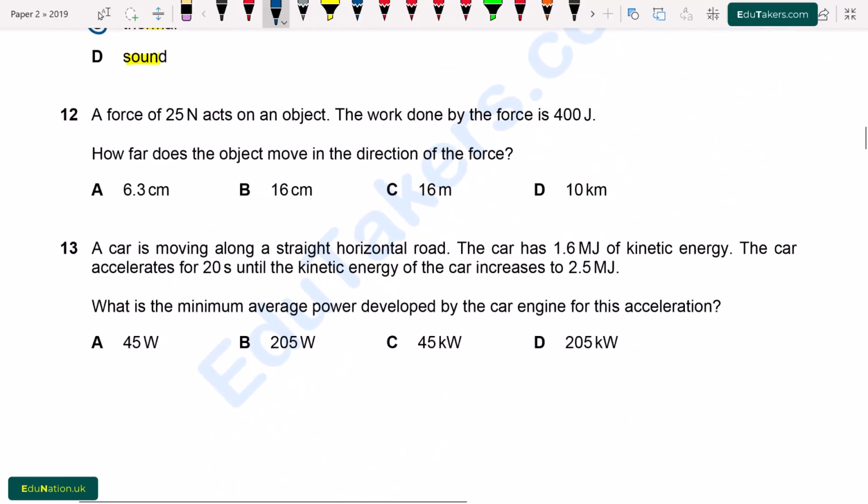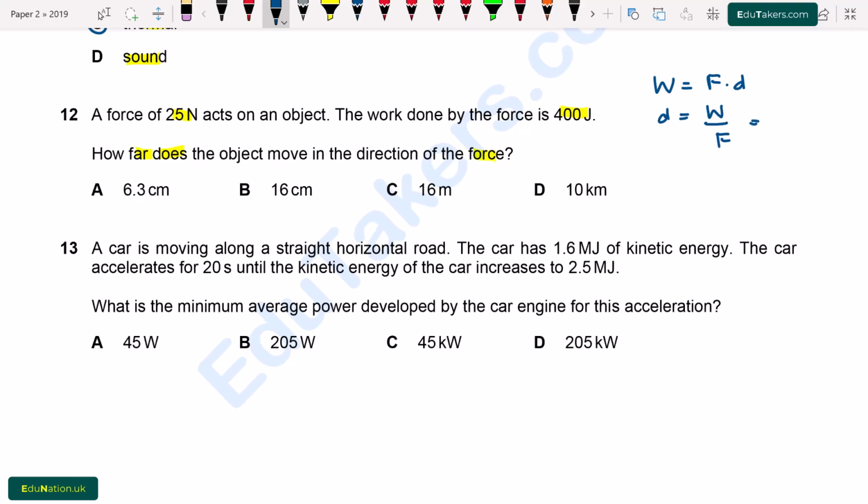Question number 12. A force of 25 Newton acts on the object. The work done by the force is 400 joule. How far does the object move in the direction of the force? So here basically we have to find out the distance. We know that work is the product of force and distance. So distance will be equal to work divided by force.